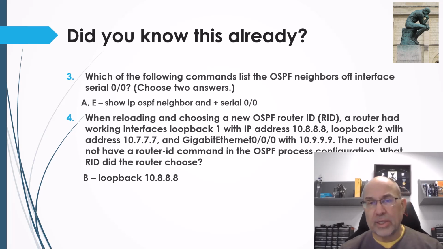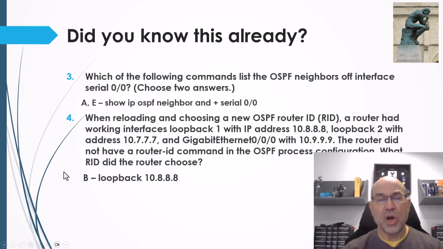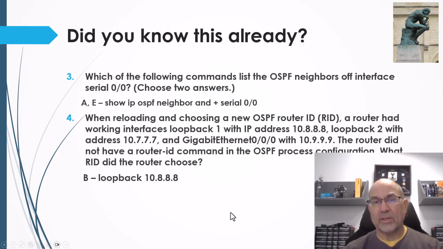The key here is that you pick the highest IP address, and you prioritize loopbacks over physical interfaces. In this case, the highest loopback was 10.8.8.8. The other ones were not loopbacks. Even though they were higher, they were not chosen. The other key here is that there was no router-id command. The router-id command overrides everything.